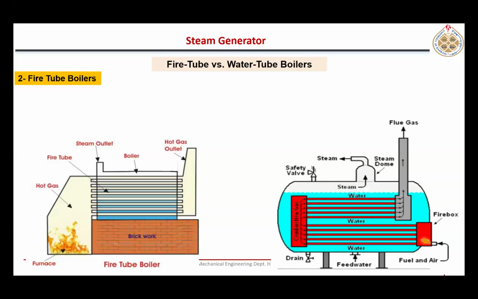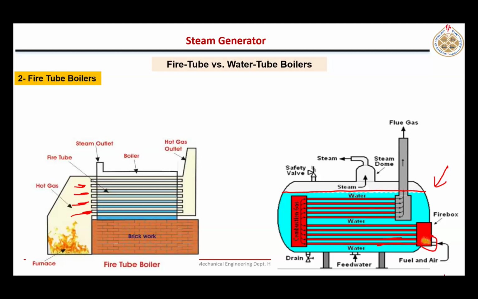The second major classification of boilers is fire tube boilers, as you see here, as the name indicates. Now the hot gases are made to flow through the tubes, not the water. Like here, it's more clear. Water is stored inside a big vessel, and in this big vessel there are tubes in which these hot gases are flowing.